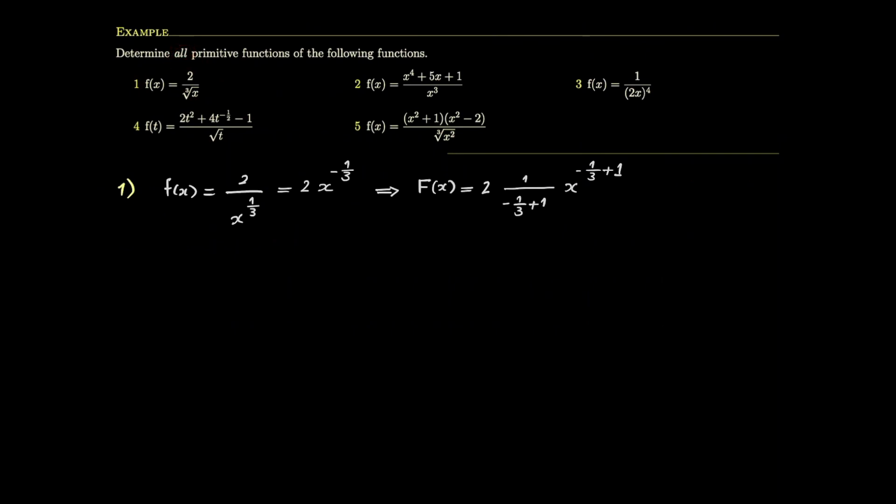So this is sending you this message that you have to write capital C. So, okay, we have to write the capital C. And usually I prefer to simplify a little bit. So this one is just 2/3. This 2 and that 2 are cancelled. This 3 goes up, so it becomes 3. And this is again 2/3. Yes? So I would say that it is 3x to the power of 2/3 plus the capital C.